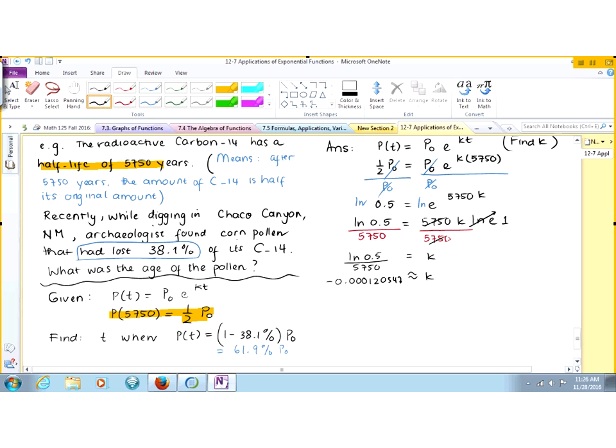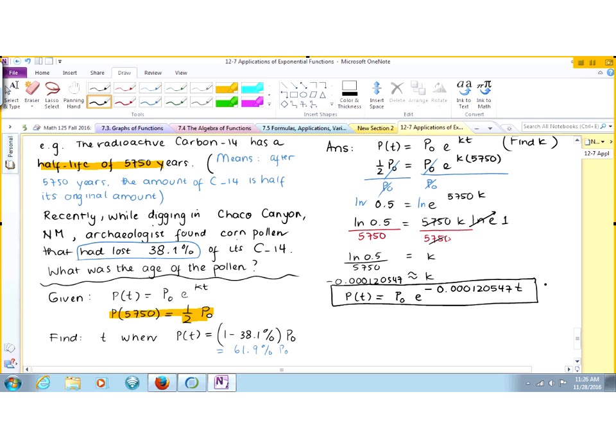Did you guys get the same thing? 120547. Yeah, you can, as long as you know how to calculate it. So P of P is equal to P naught e to the negative 0.000120,547 P.